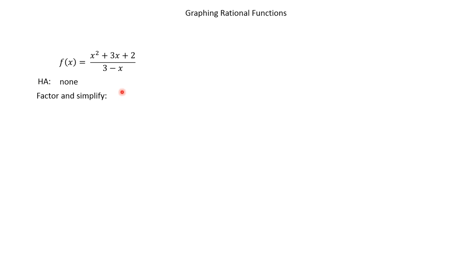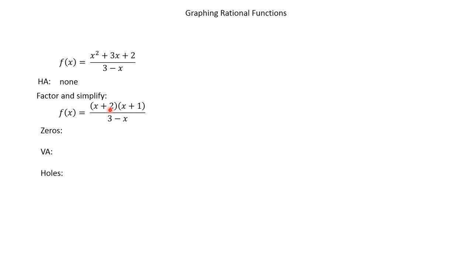Now we can factor and simplify. So the top factors, x plus 2 times x plus 1, but there's nothing to cancel with 3 minus x. Even if we factor out the negative to make it x minus 3, still nothing to cancel. So we can find our zeros, our vertical asymptotes, and our holes. The zeros are when the top equals 0.